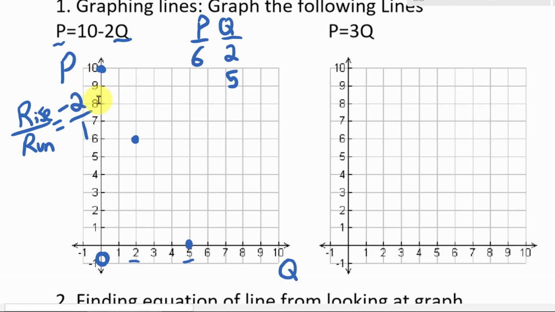We're going to go down 2 over 1, down 2 over 1, and that has to be what this demand function looks like. Tells us that each time we want to sell 1 more unit, we have to lower the price 2. That's what that minus 2 slope means. Down 2 for every 1 we go over.